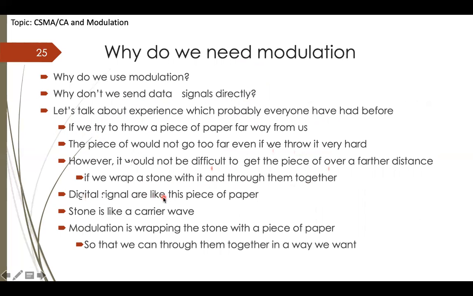Digital signals are like this piece of paper. So the stone is like a carrier wave. Modulation is wrapping the stone with a piece of paper, so that we can send them through together in the way we want.